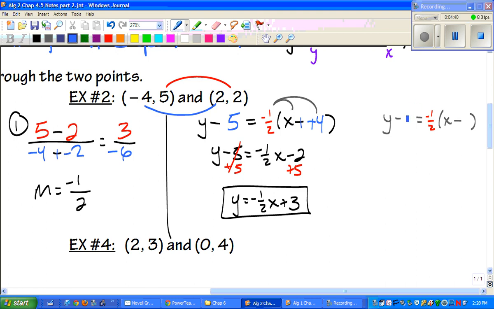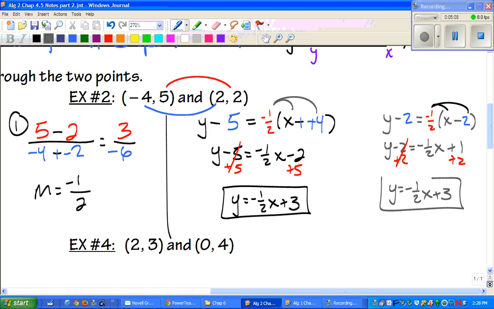Alright, so let's see if Mr. Grice is right. Okay, we have to distribute. So you get y minus 2 equals negative 1/2 x plus 1, because negative 1/2 times negative 2. Add the 2 to both sides, and you get y equals negative 1/2 x plus 3.